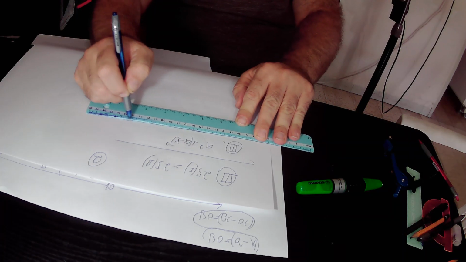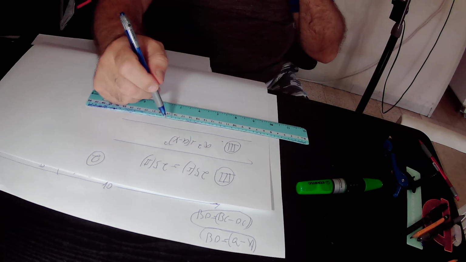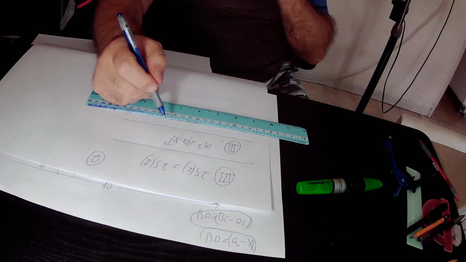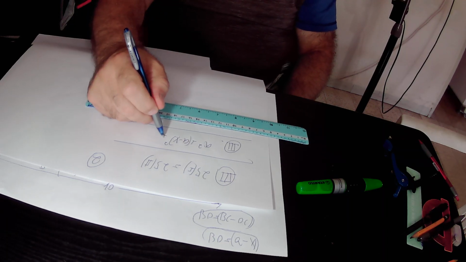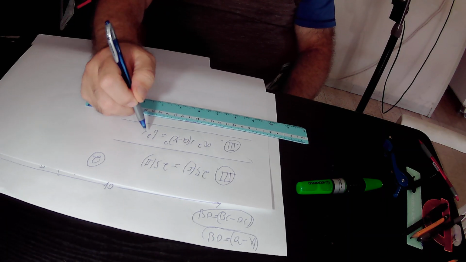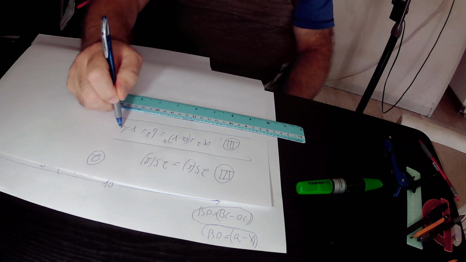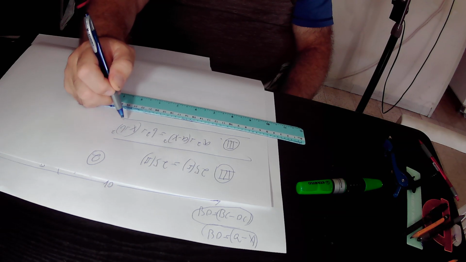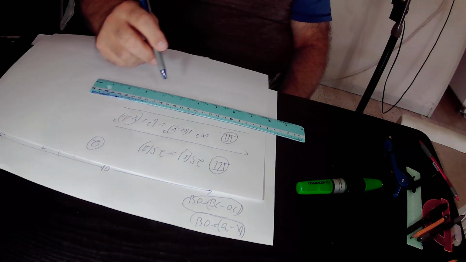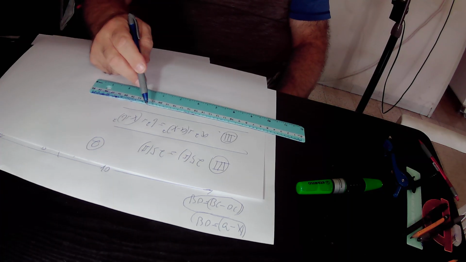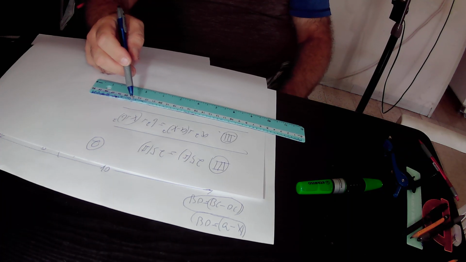And it must be equal to 25 according to equation 2, which equals B squared plus X plus B squared. According to equation 3, we found out that A squared plus A minus X squared equals B squared plus X plus B squared.